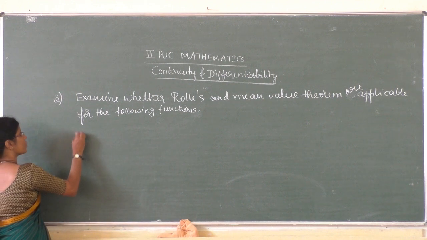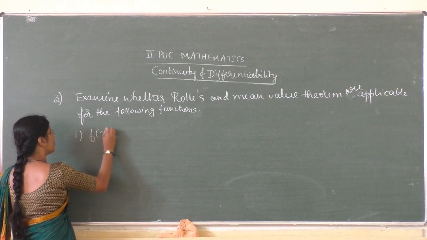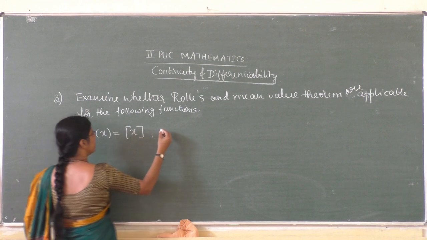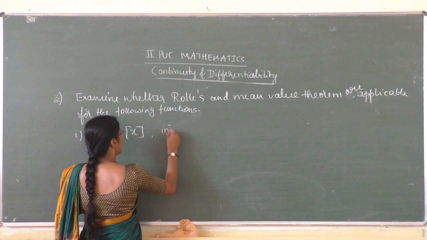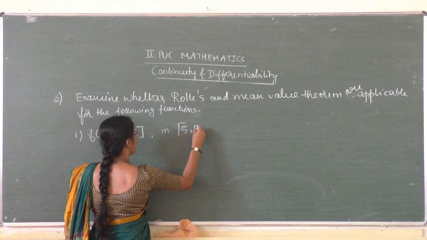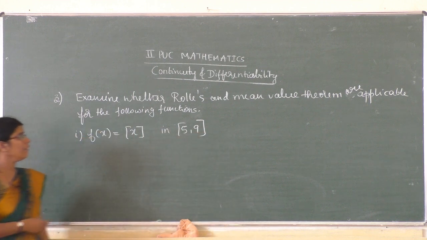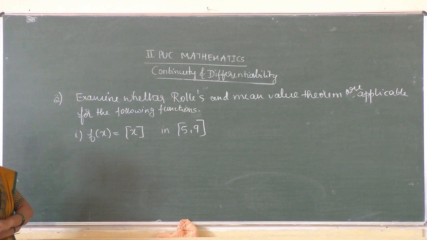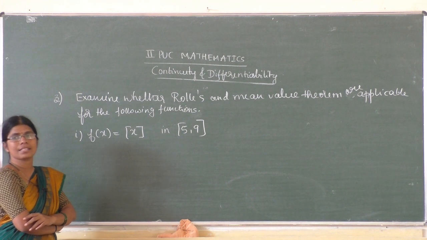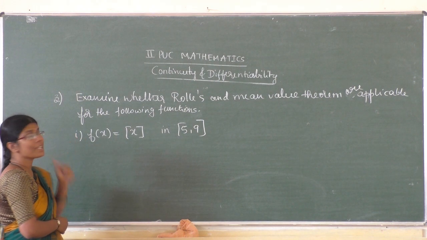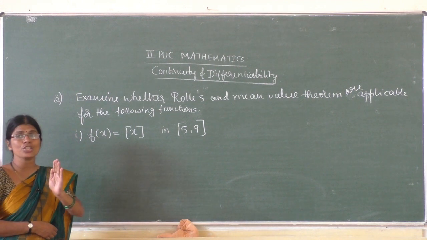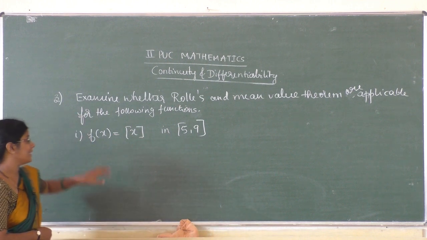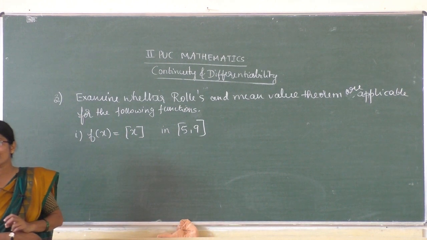So the first function is f of x is equal to greatest integer function x, in the closed interval 5, 9. You have to check whether Rolle's theorem is applicable here. What is the first condition? The function should be continuous in the closed interval. But this is the greatest integer function.